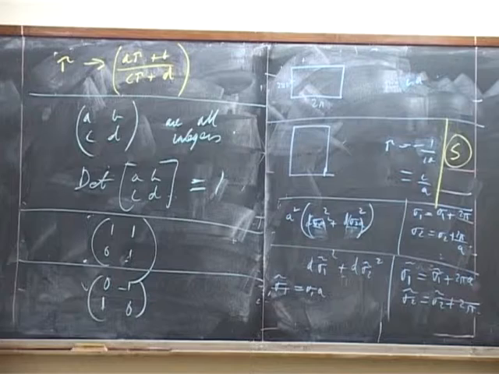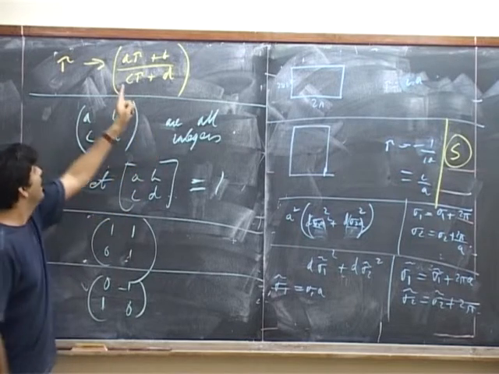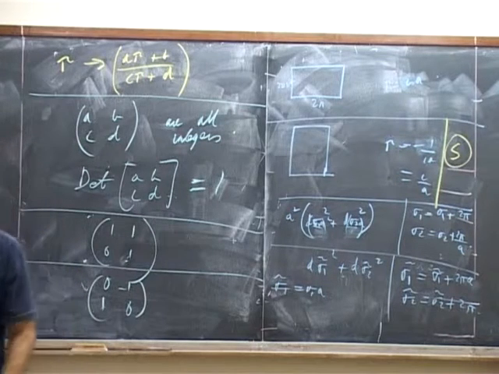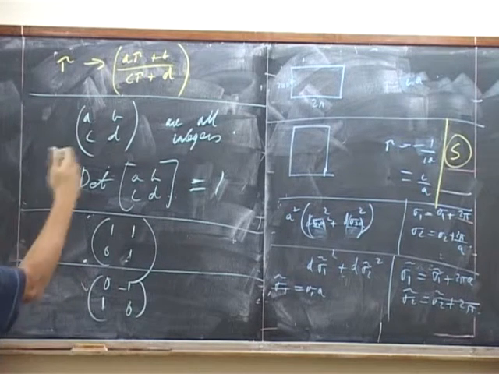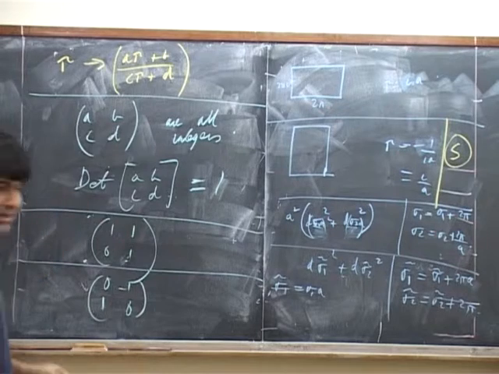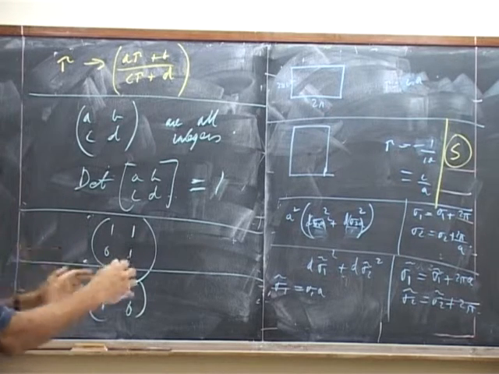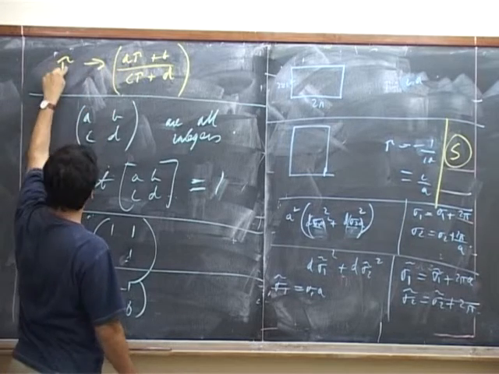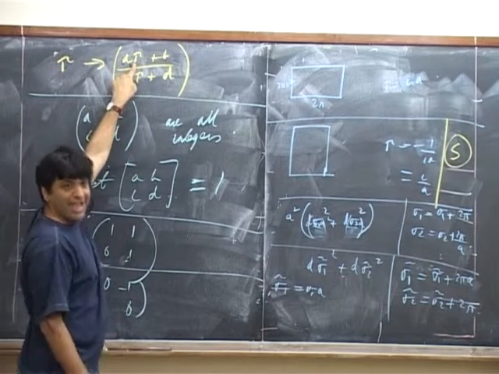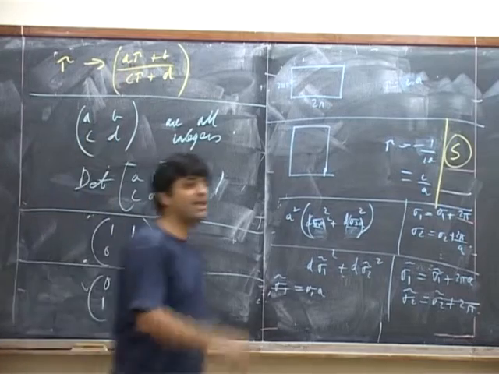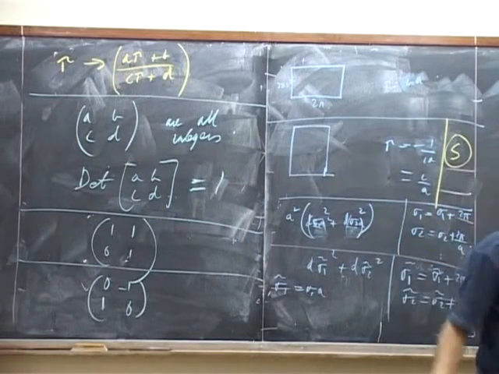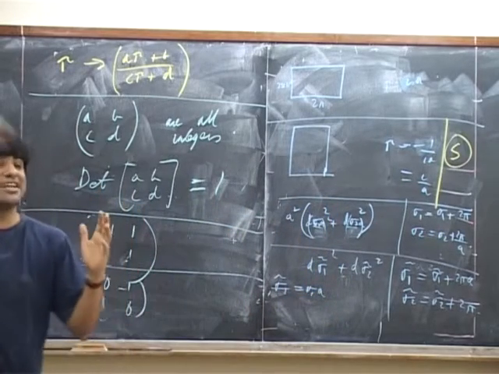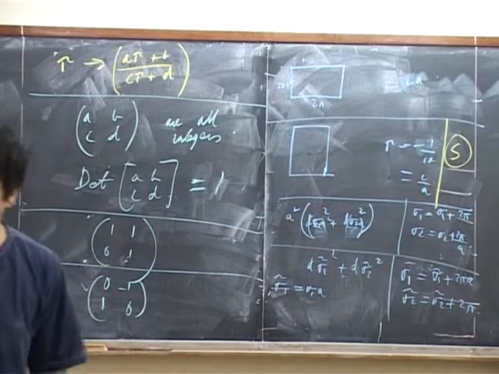Now, the next thing you can check is the following. Suppose you compound two of these transformations. You had tau goes to A tau plus B over C tau plus D. And then you have another, so tau double prime was equal to this with tau prime, and then tau prime itself was equal to A tau plus B over C tau plus D. Then you can ask, what is the net transformation that's generated by this operation?